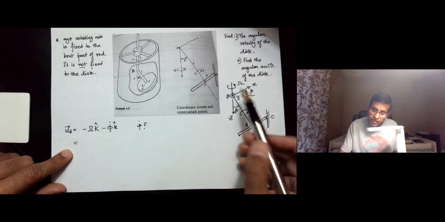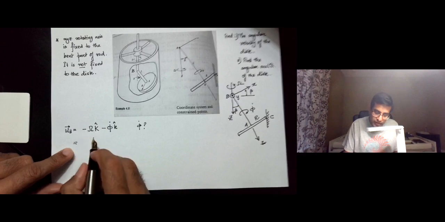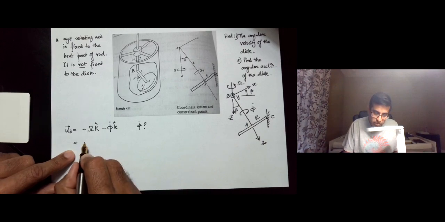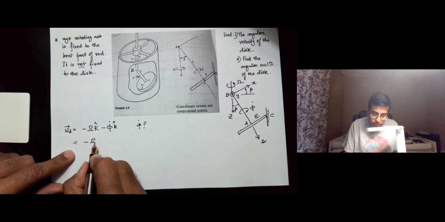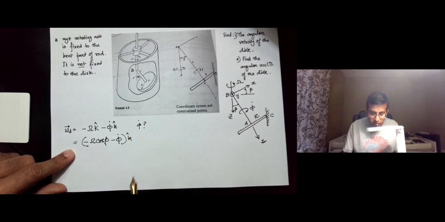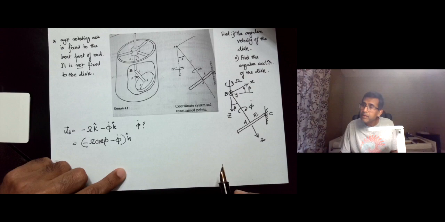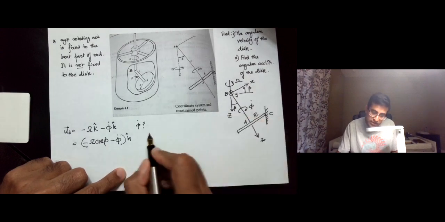You can see Omega is in this direction, so capital Omega cosine beta is in the negative small z direction, and capital Omega sine beta is in the positive small x direction.